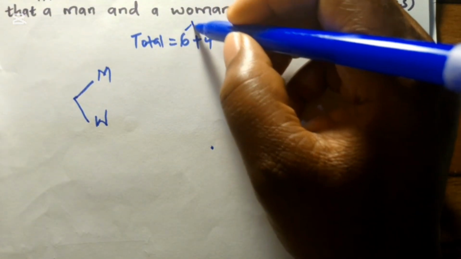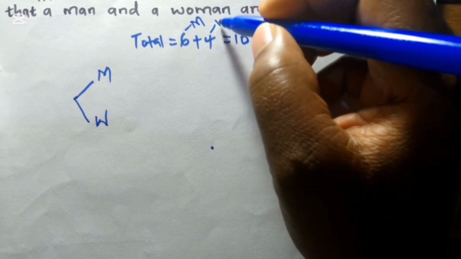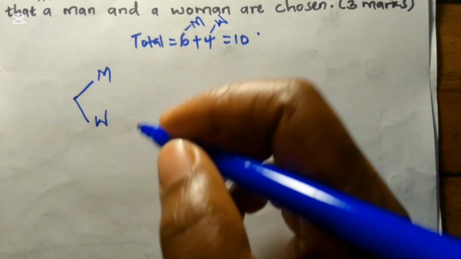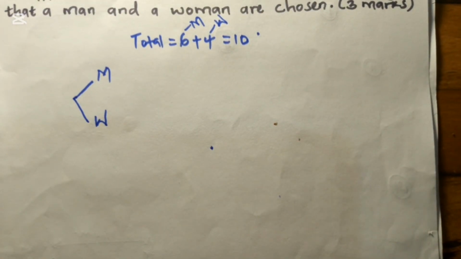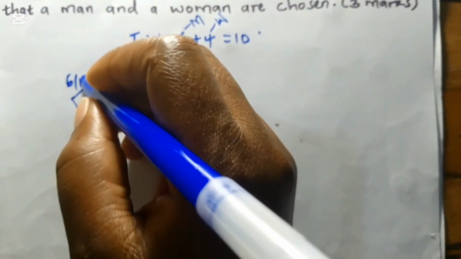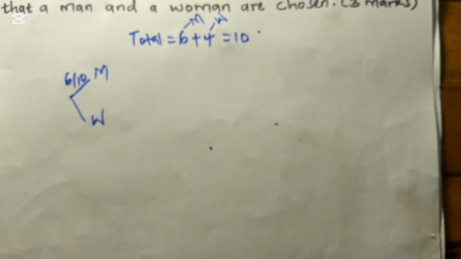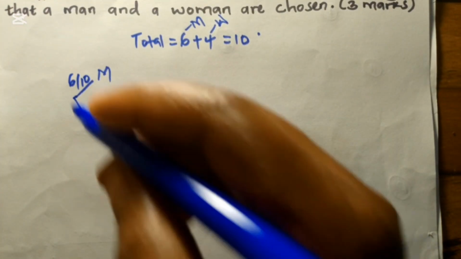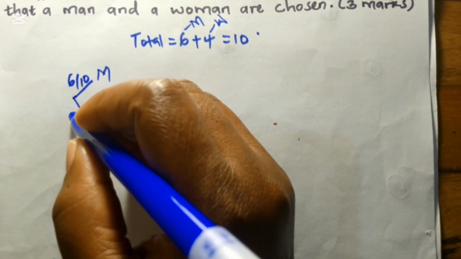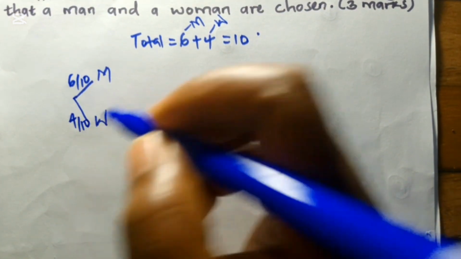So we have men and then women. So the probability of choosing a man will be 6 out of the total 10. Then the probability of picking a woman is 4 out of 10.